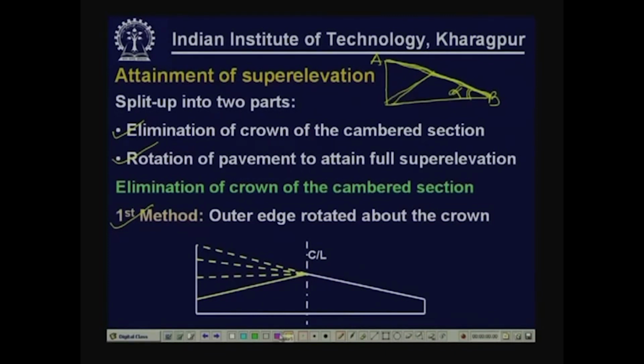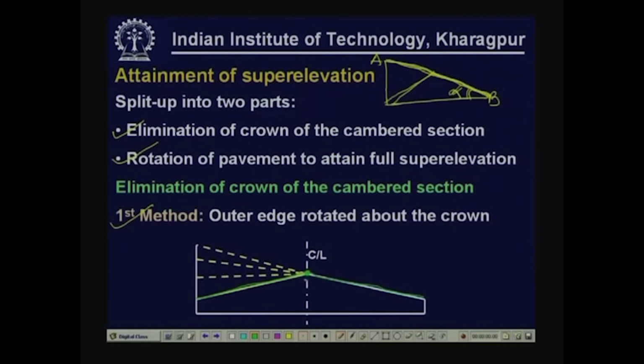Let us assume that this green line indicates the original cambered section and this is the center line.